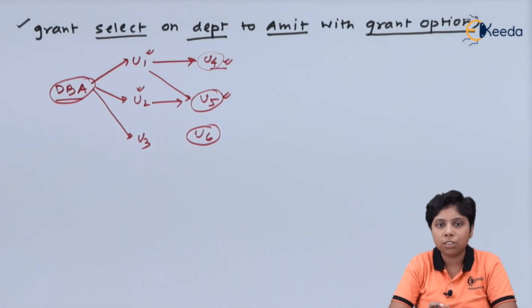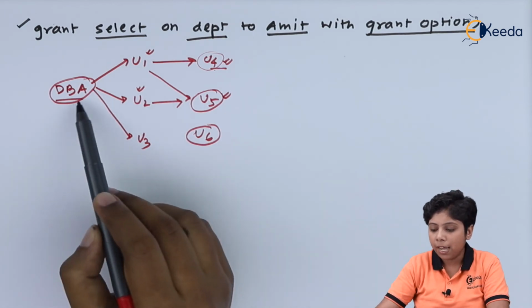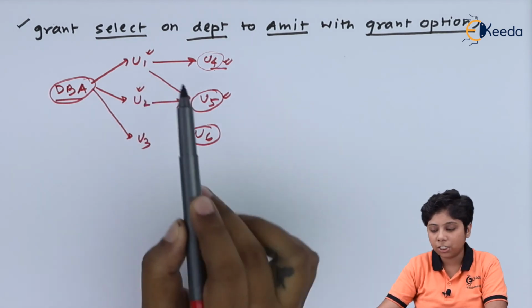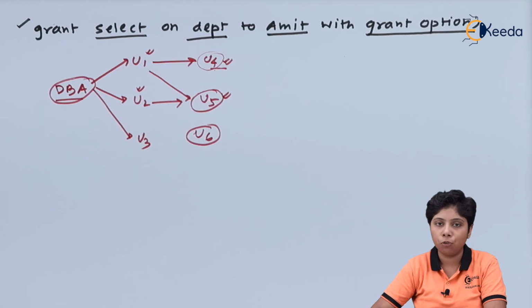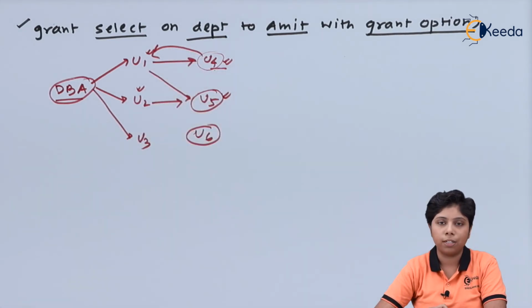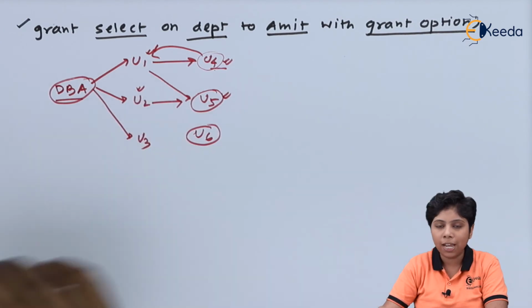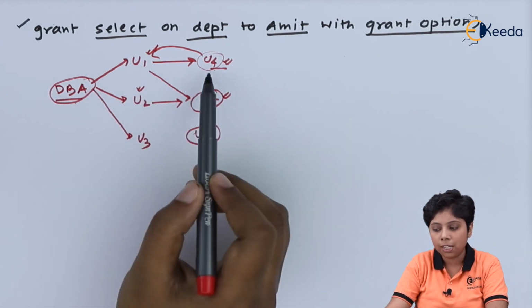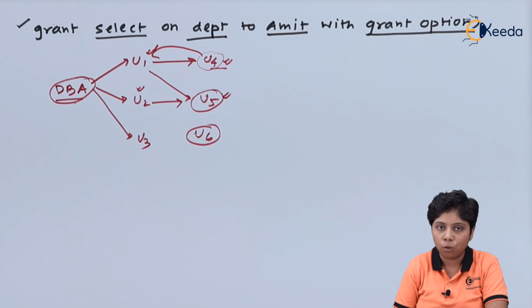Now we will change this graph a little bit to see what problem could arise while passing the privileges. Say that the DBA has given U1 some privilege and U1 has given it to U4. Now U4 gives that privilege back to U1. So now U1 has the privilege from the DBA and also from U4.